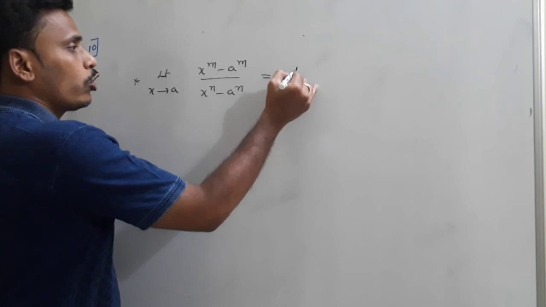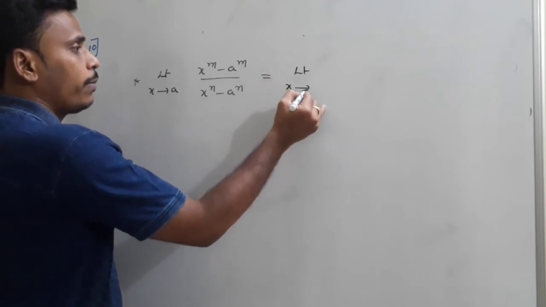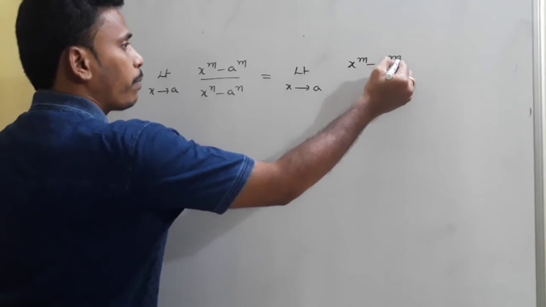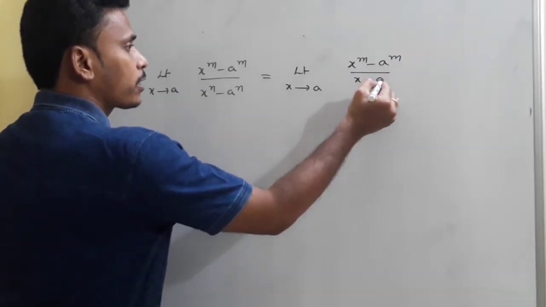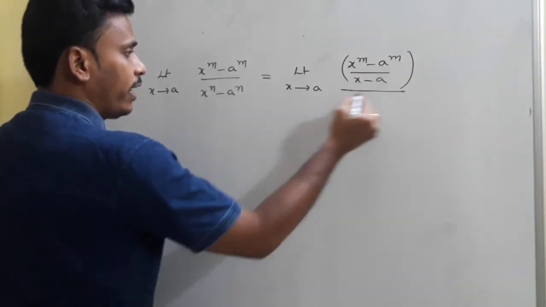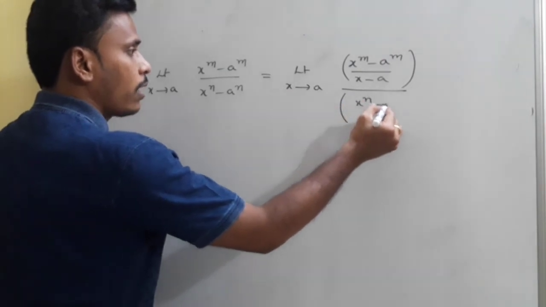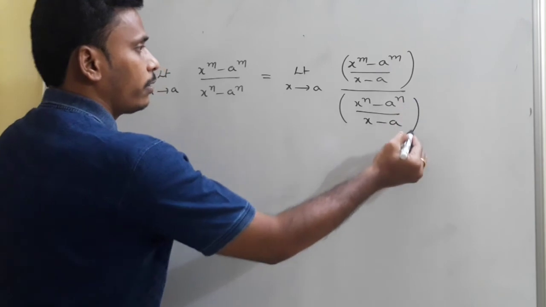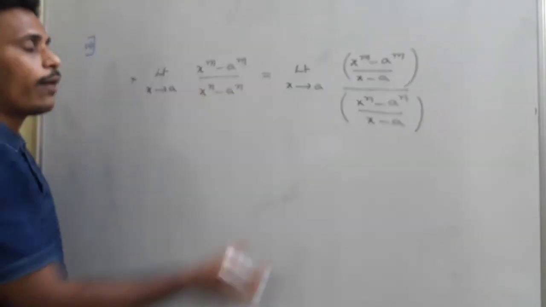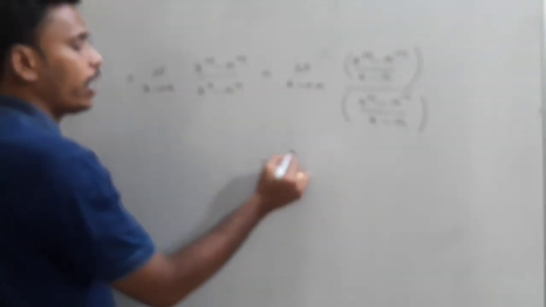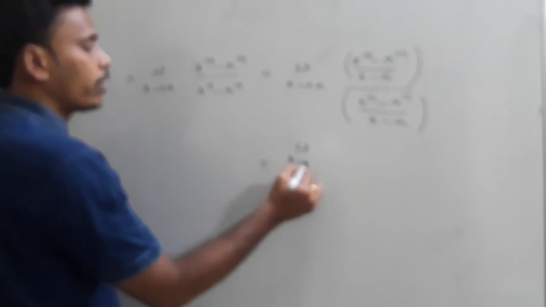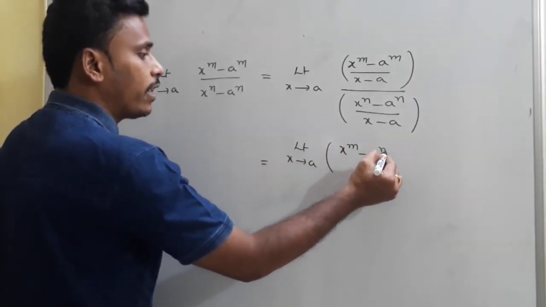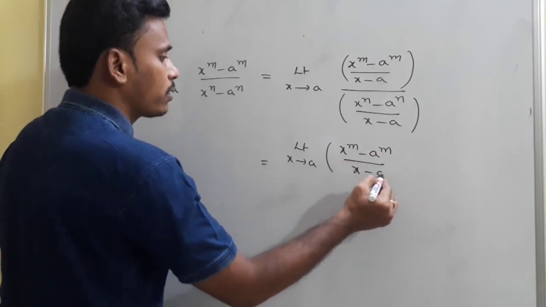So to convert it into the usual format, limit x tends to a, x power m minus a power m divided by x minus a, divided by x power n minus a power n divided by x minus a. That's it. And now you just apply limit for both numerator and denominator. When you apply limit for numerator, it becomes limit x tends to a, x power m minus a power m by x minus a.